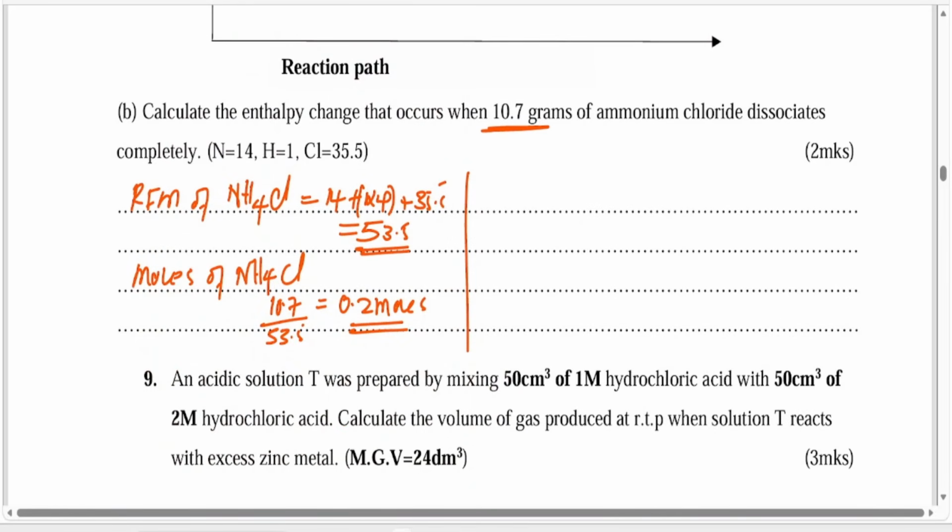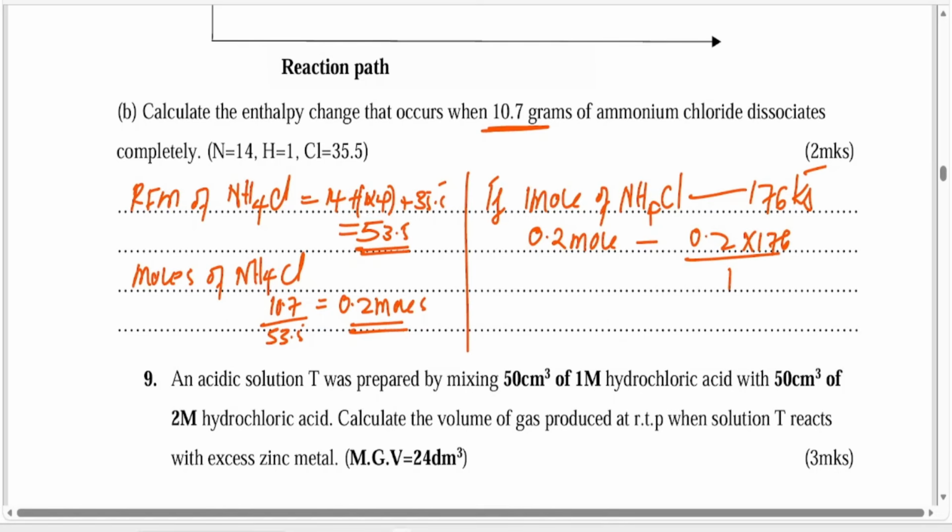So we ask ourselves, if 1 mole of ammonium chloride is equivalent to 176 kilojoules, what about our 0.2 mole? When you work it out, 0.2 times 176, we divide by 1, we obtain 35.2 kilojoules. And in this case, not per mole, but just kilojoules.